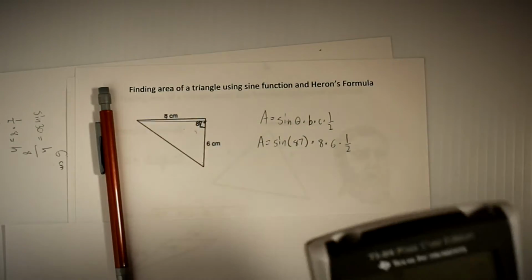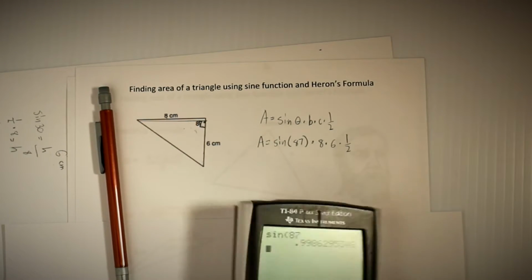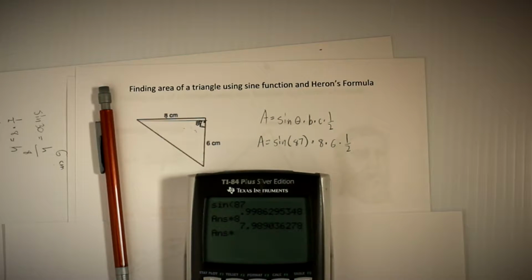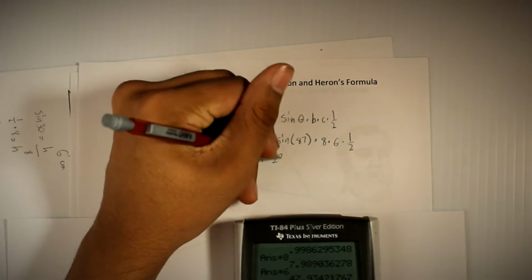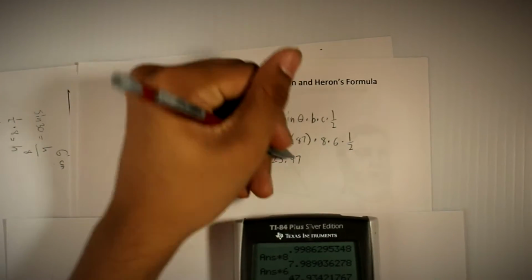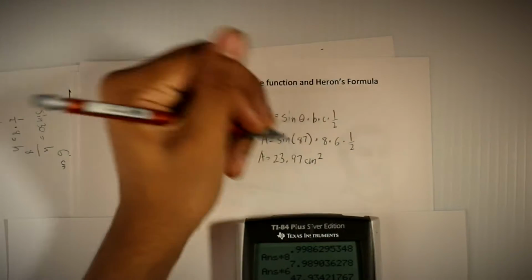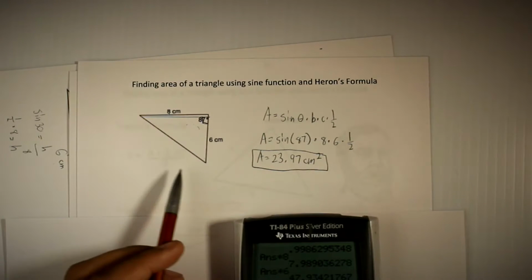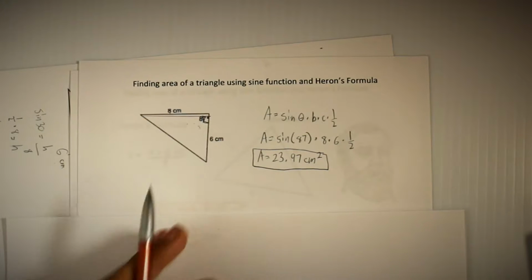We can plug that into the calculator: sine of 87 multiplied by 8 times 6 divided by 2. We should get an area of 23.97 centimeters cubed. Not cubed, squared. So there's an example right there. It's very similar to the last one, except it's a very difficult angle.